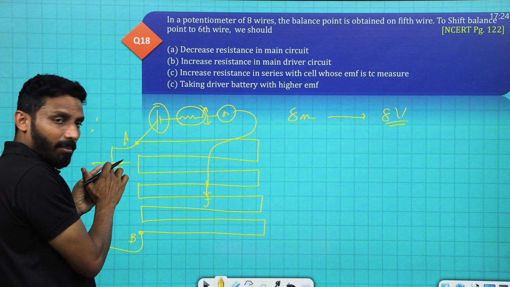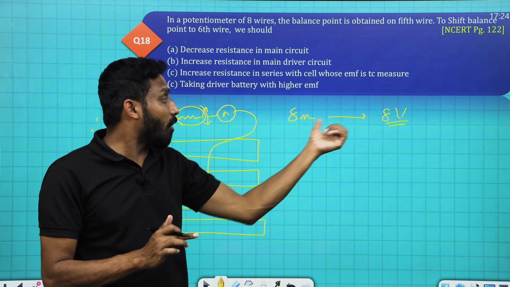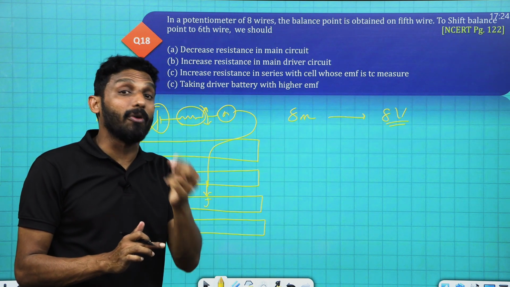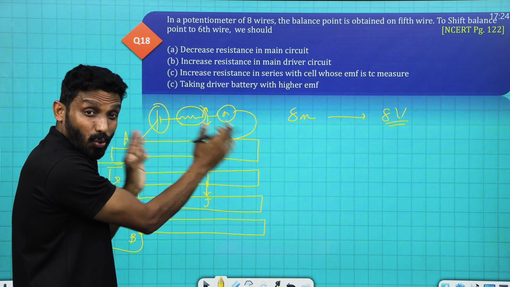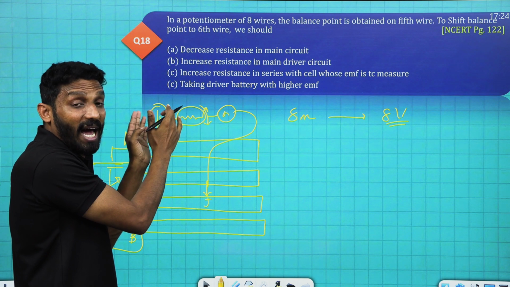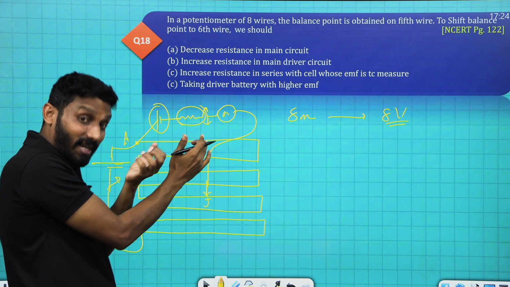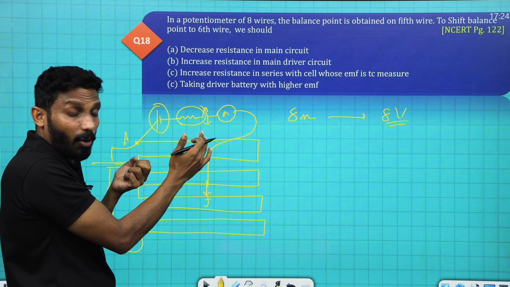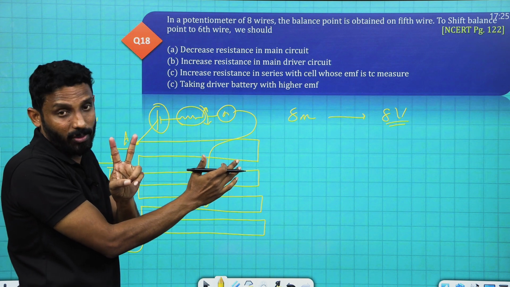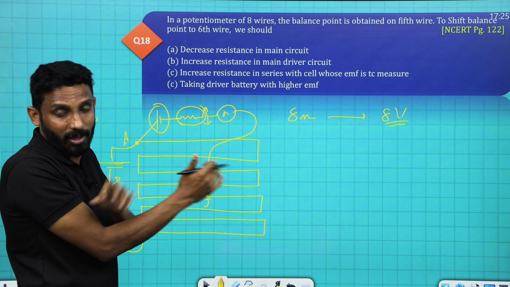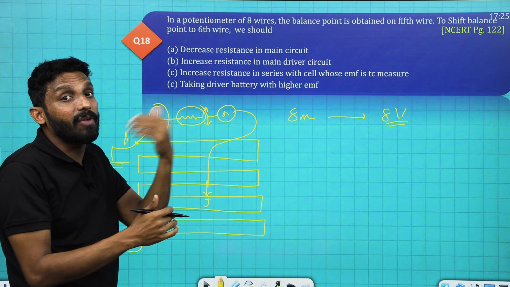If we increase the EMF, for example 8 volt, we increase it to 16 volt, then the volt per meter value will be 2 volt. So across 1 meter there will be 2 volt. So in order to balance 5.5 volt of this cell, we only require a lesser length, not 5.5 meter, because each and every meter has 2 volt now. I think you understood it. In that way we have to think.